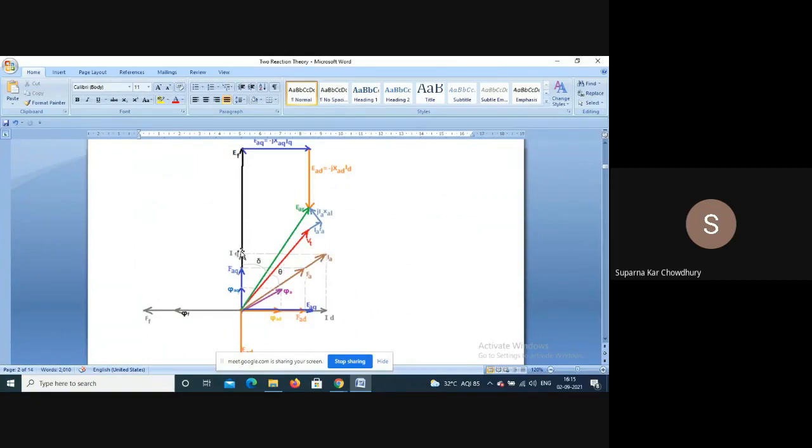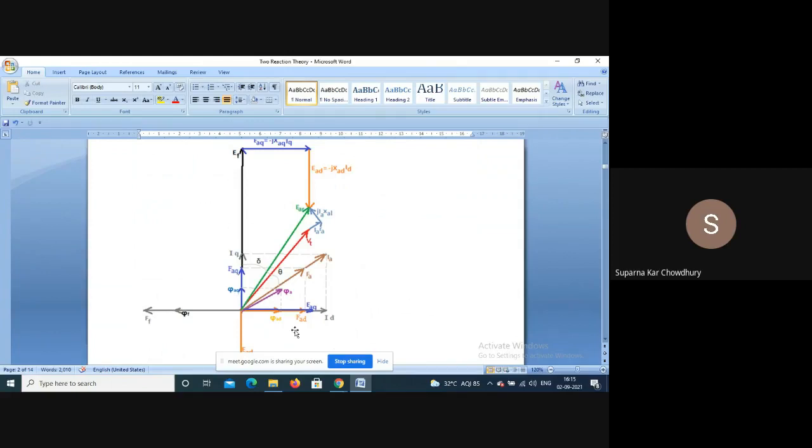So this can be resolved into two components, one along the direct axis, one along the quadrature axis, as the vector summation of these two, ID and IQ, is equal to IA. Similarly, FA, the corresponding armature reaction, also can be resolved into two components, FAD and FAQ. So the summation of these two is FA.